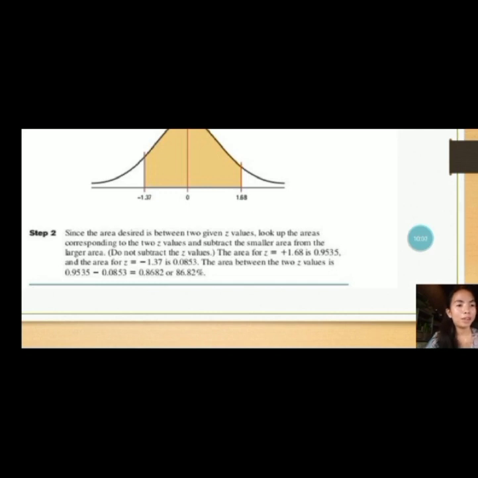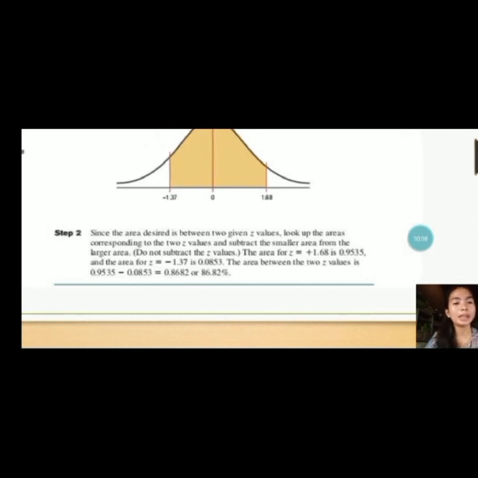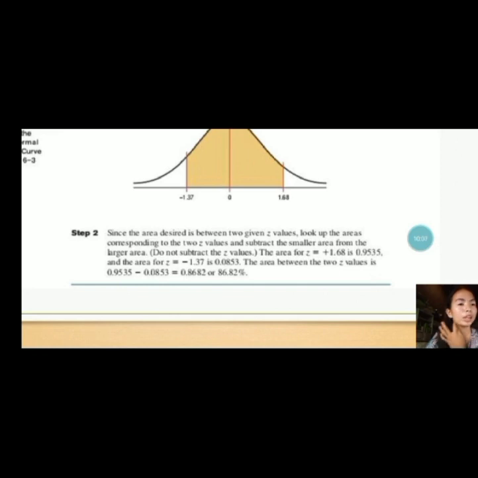Same sa negative 1.37, meron 1.3 and then 0.07, equal siya sa 0.0853.